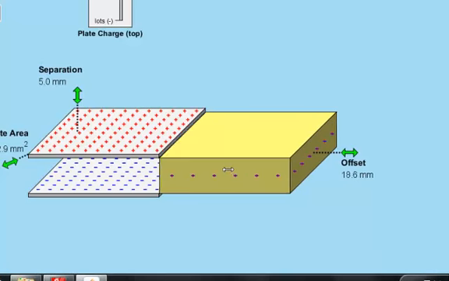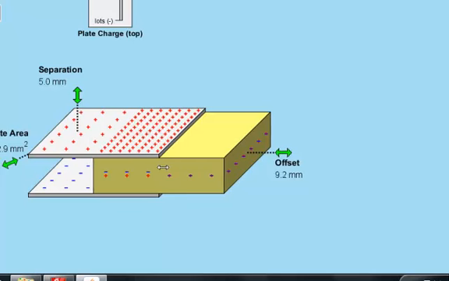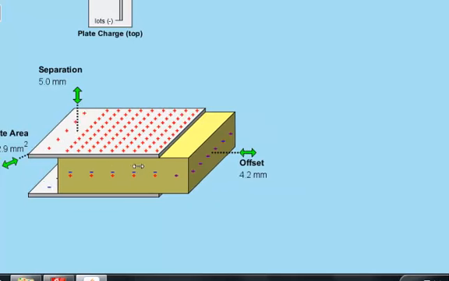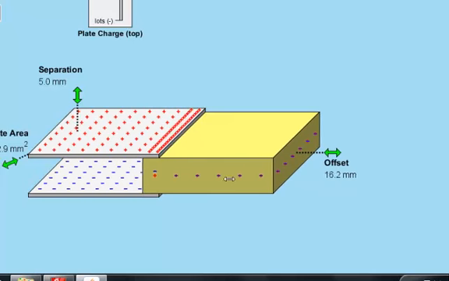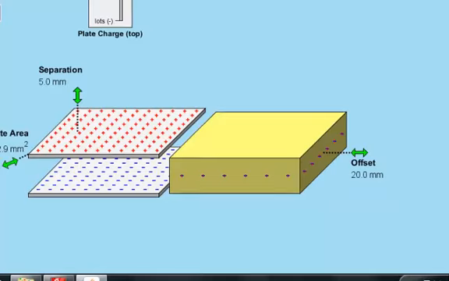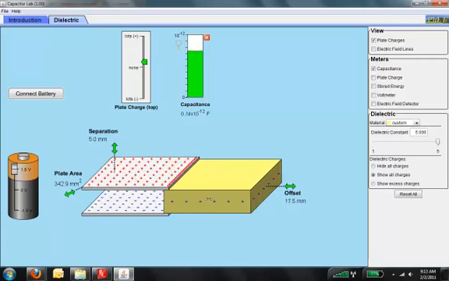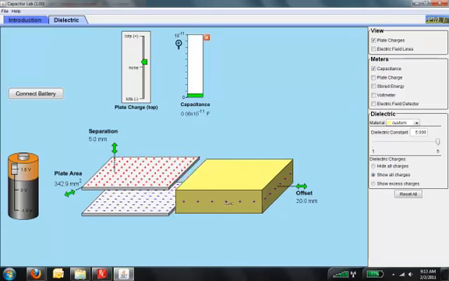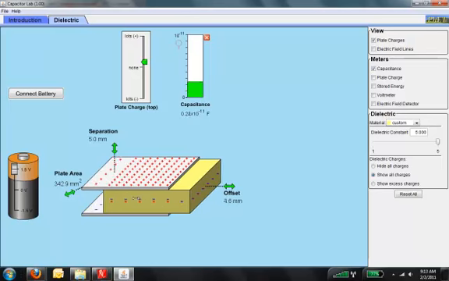The presence of the dielectric affects the distribution of charges on the plate of the capacitor, making the amount of capacitance change when it is present between the plates. In fact, you can see that if I show a gauge here with the amount of capacitance, the capacitance changes as I slide this material in and out in between the plates of the capacitor.